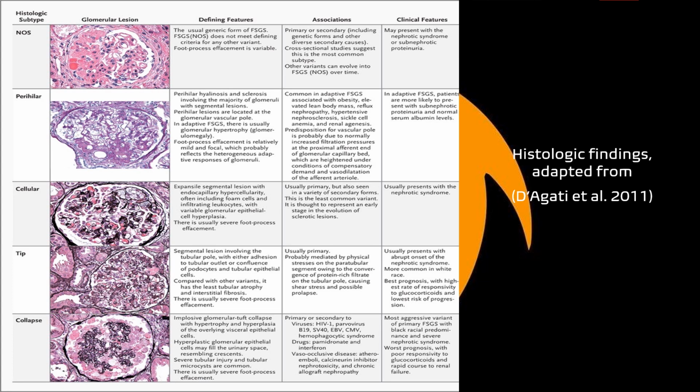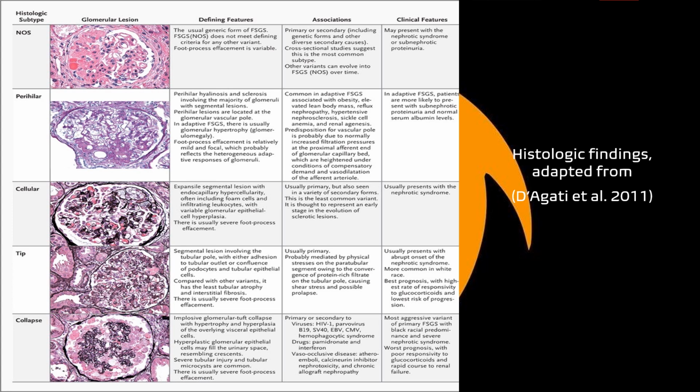And then there are the defining features, associations, and clinical features that are linked to the form of glomerular lesion, where alongside the glomerular lesion, in the left-hand column here, there is a basis around a histological subtype.